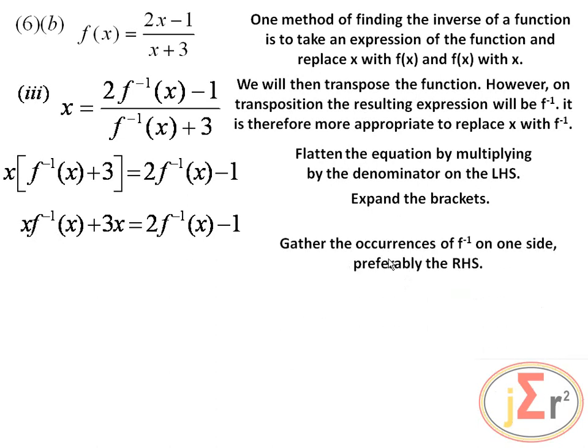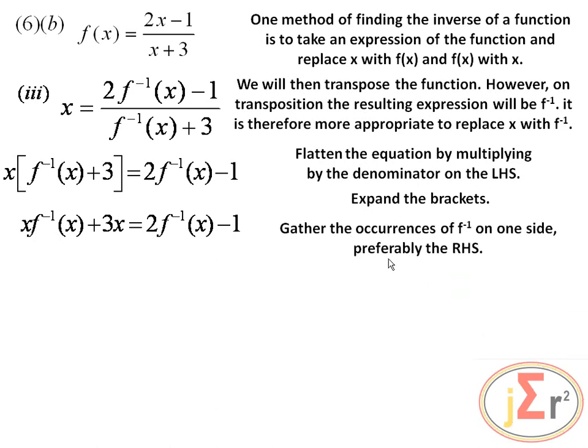What do we do next? Gather the occurrences of f inverse on one side, preferably the right hand side. Now we have two occurrences of f inverse. That is what we are attempting to make the subject of the formula.